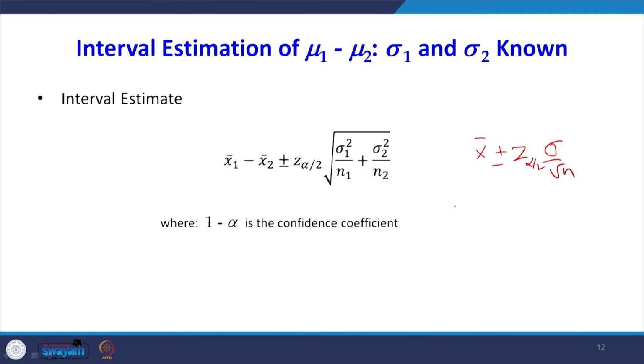Instead of x bar we write x1 bar minus x2 bar, plus or minus z alpha by 2 as it is, and sigma by root n is replaced by root of sigma 1 square by n1 plus sigma 2 square by n2. So, what I am trying to say is that even though it is a 2 sample Z test, the logic of extending one sample to 2 sample is very easy. You need not remember the formula, you can extend it intuitively.